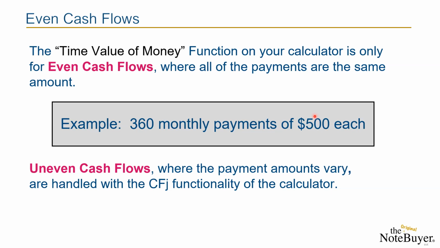Those are called uneven cash flows. If you want to calculate any rates of return on those, then you want to use the CFJ functionality of the HP 10B2. We are not going to cover that in this webinar, primarily because we seldom ever use it. Most of the time, especially if you're flipping notes, the time value of money function is exactly what you need to use.